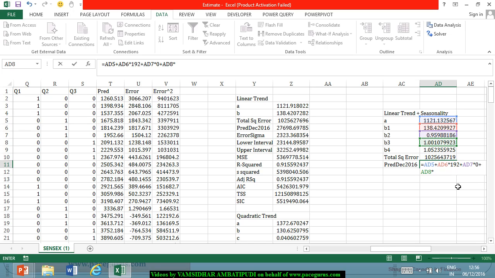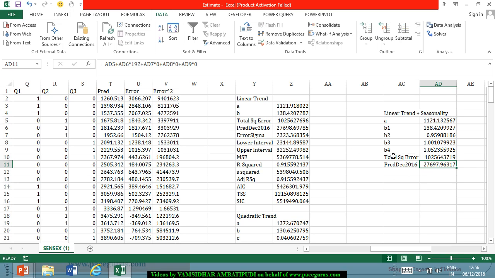B3 times, it's not the second quarter, multiplying it with 0. B4 times, it's not the third quarter as well, so I'm multiplying it with 0. So based on this, I'm getting the predicted value as 27,697 going with this model.